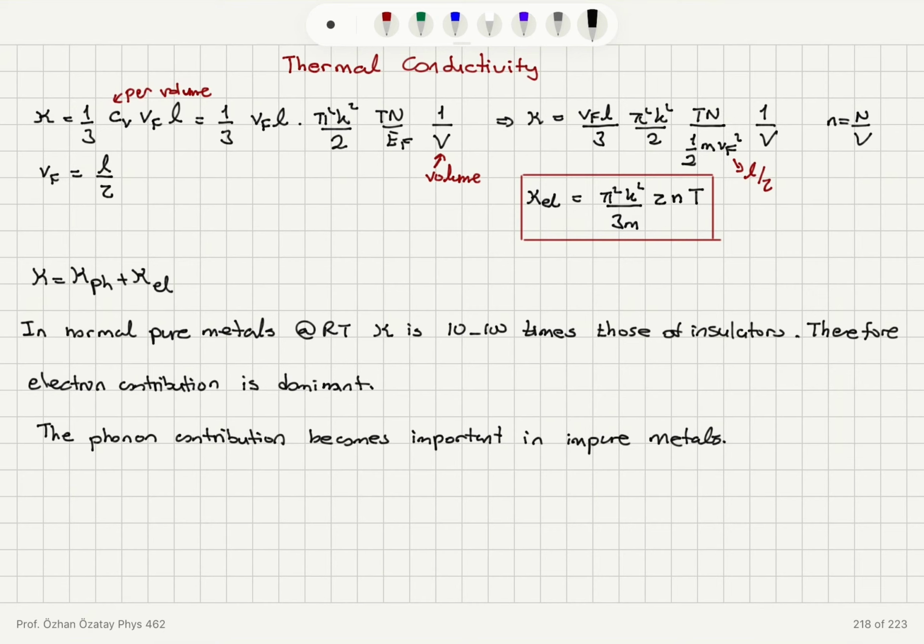And finally, we have calculated the contribution from electrons to thermal conduction, and we found that we have basically 1/3 C_V v_F times L, because we're considering the electrons that are close to the Fermi level, so the Fermi velocity v_F here, and we find that this contribution is dominant in pure metals and 10 to 100 times larger than in insulators.